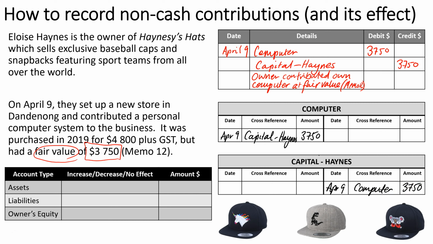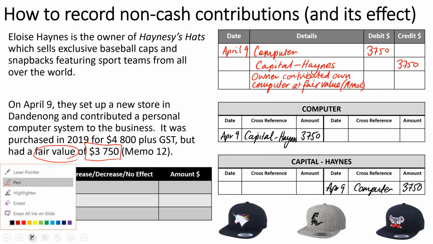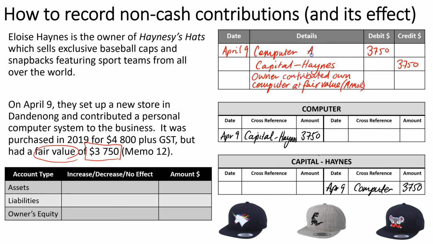So lastly, if we look at the effect on the accounting equation, we can see from my general journal that I've got an asset and I've got owner's equity. So straight away I can see that there's no effect on liabilities. So I simply write no effect and then put a dash or a 0 in the amount column.